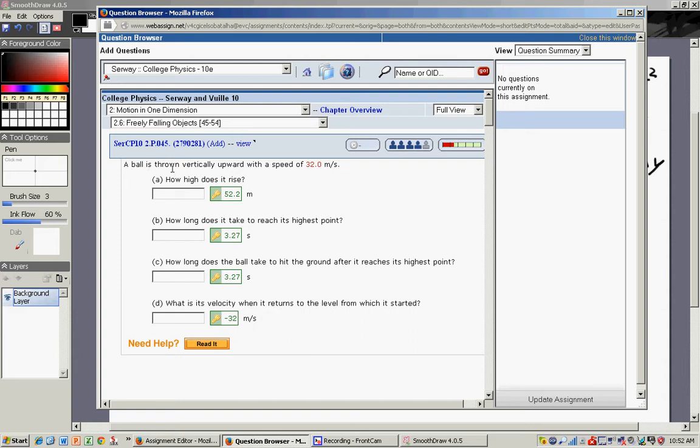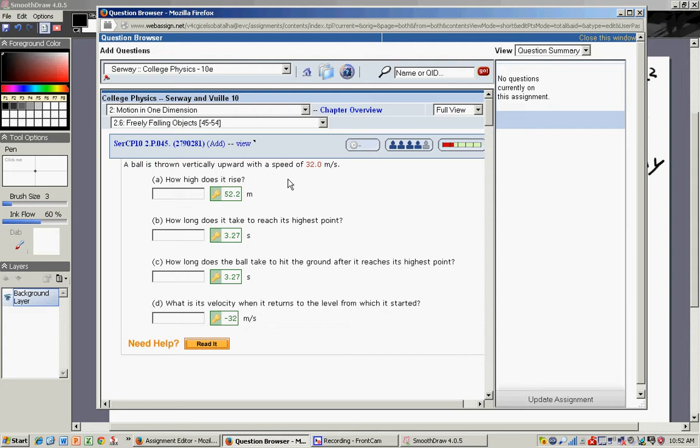Okay, so let's now take a look at this problem. A ball is thrown vertically upward with a speed of 32 meters per second. So what information do you read here? You have the initial velocity of your ball, 32 meters per second.